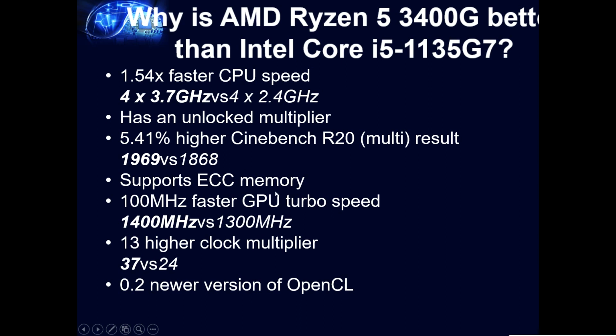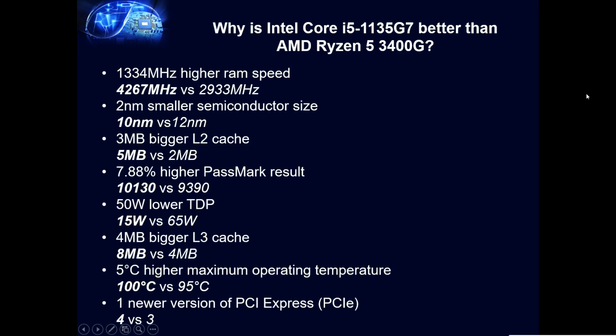Supports ECC memory. 100 MHz faster GPU turbo speed, Ryzen having 1400 MHz, while Core i5 only having 1300 MHz. 13 higher clock multiplier, Ryzen having 37 and Core i5 having only 24. 0.2 newer version of OpenCL. That is it for the advantages of Ryzen 5 over Intel Core i5.